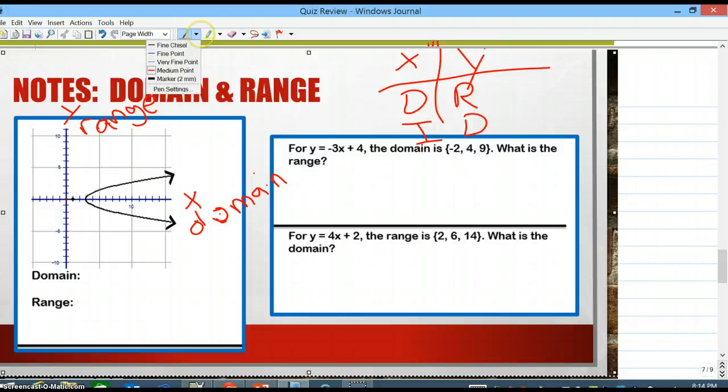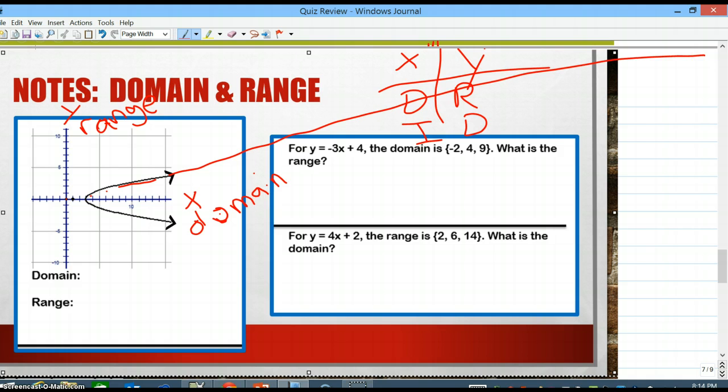So you can extend this to look something like this, upwards and also downwards because we have an arrow pointing down.